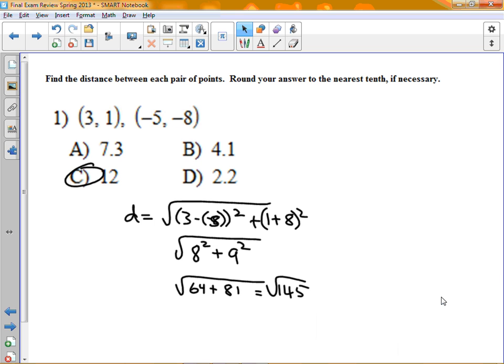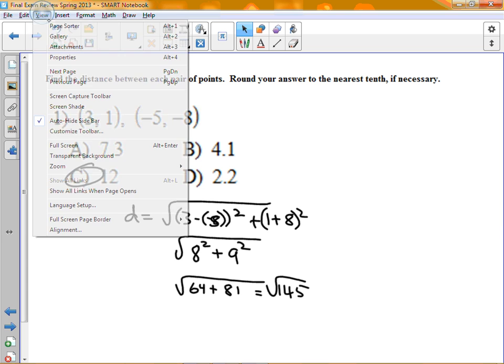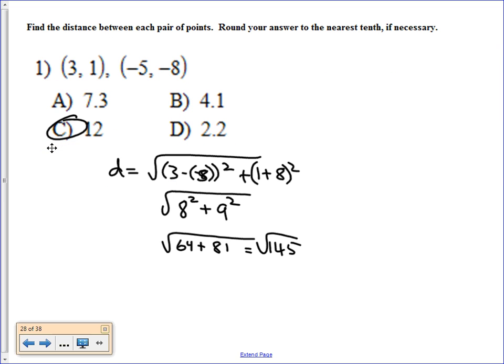But look, this says round the answer to the nearest tenth. So what's the square root of 144? So this must be pretty close to that. That's why number 1 is what it is.